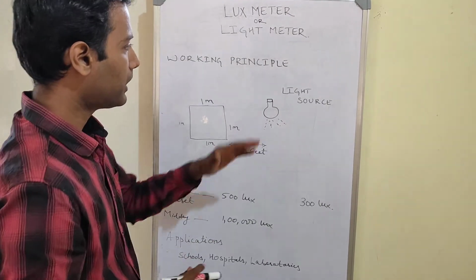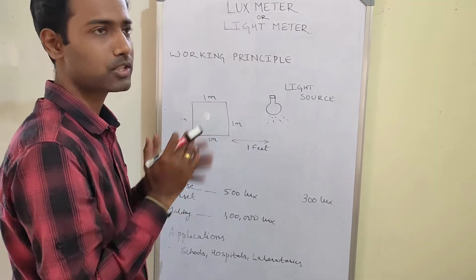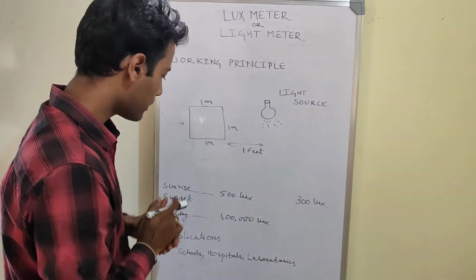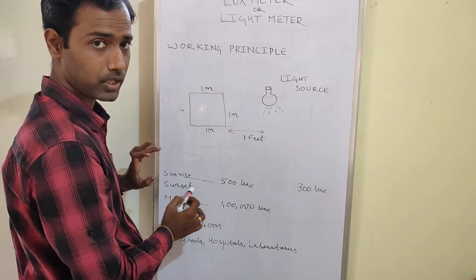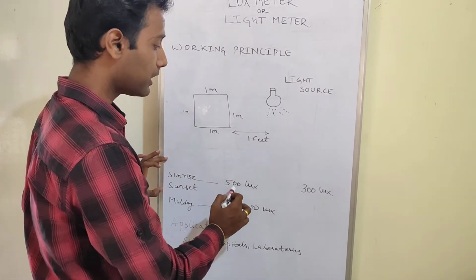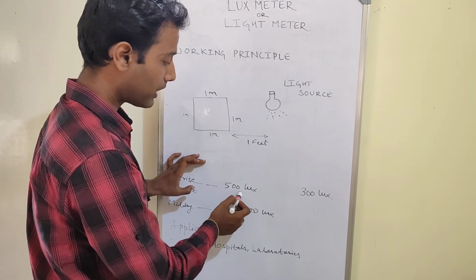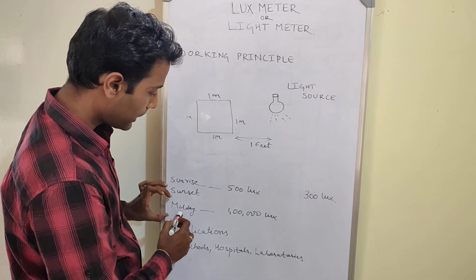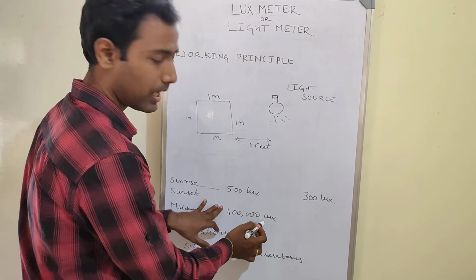Now we will take some typical values of how many lux there are in our day-to-day life. It has been found that during sunrise and sunset, the light intensity present is around 500 lux, and at midday, in the middle of the day, it will be around 1 lakh lux.